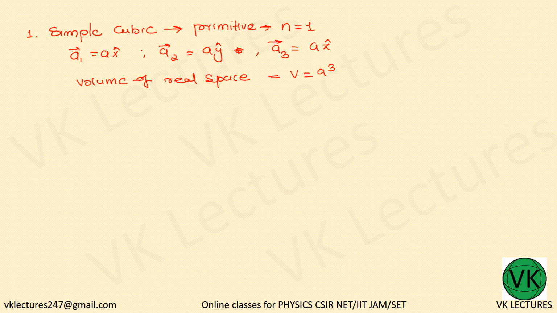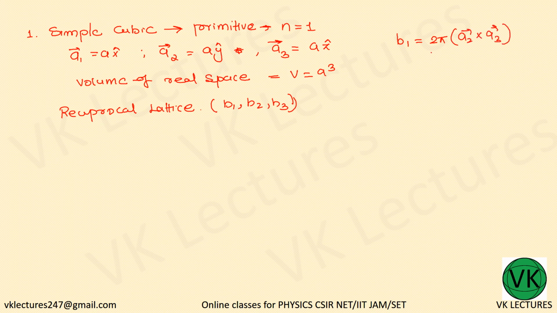Now in reciprocal lattice, we have the corresponding values of b1, b2, b3 with respect to a1, a2 and a3. Now we know that b1 is given by 2 pi times a2 cross a3 divided by a1 dot a2 cross a3.